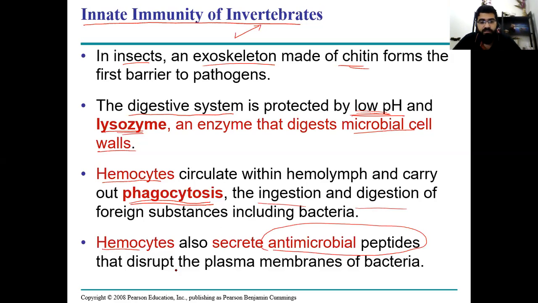This disrupts the plasma membrane of the bacteria, so this pathogen cannot reproduce inside the insect body. This is a general image about invertebrates. Remember, invertebrates such as insects have primitive and simpler systems than vertebrates.